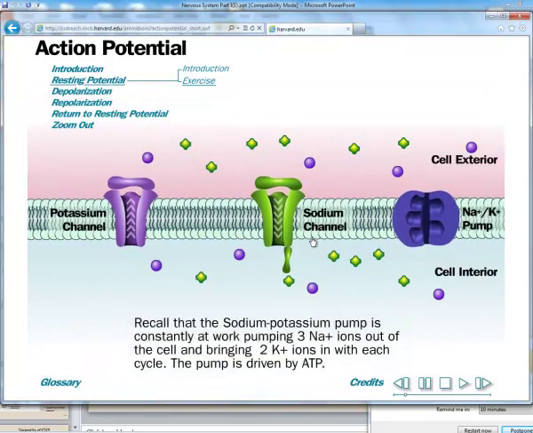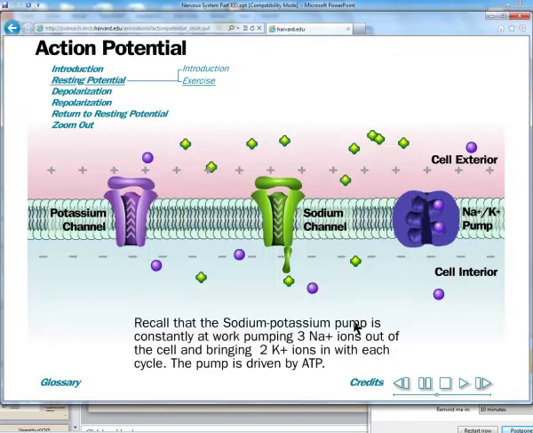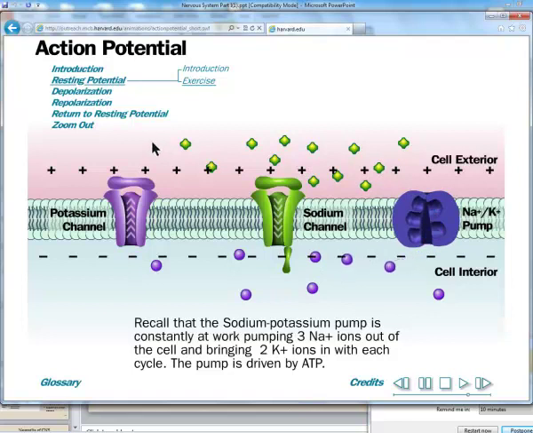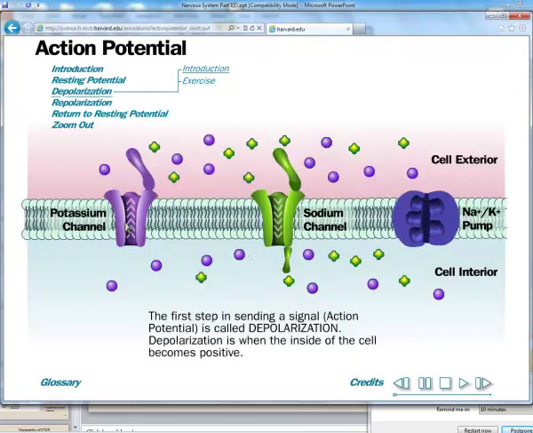So we see more potassium inside, more sodium outside because of the sodium-potassium pump. So can you see why we have a more positive charge on the outside? Because of these many positively charged ions in combination with the flow of potassium out as a result of the concentration gradients.